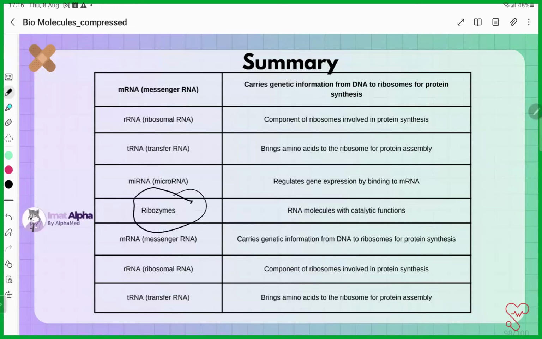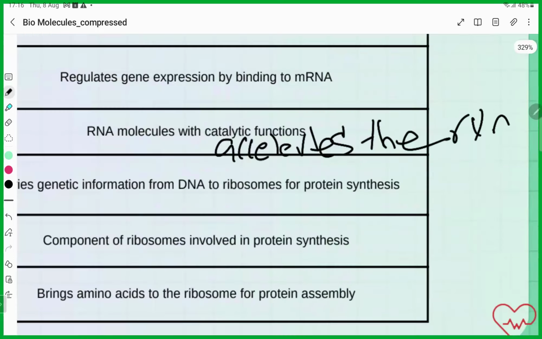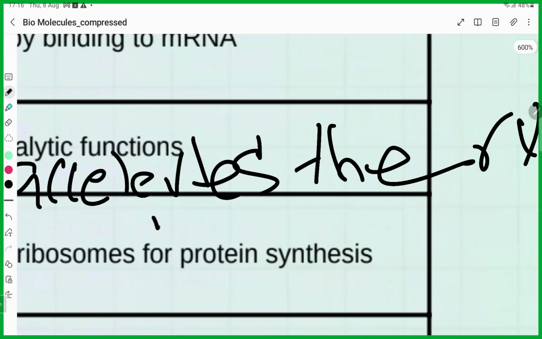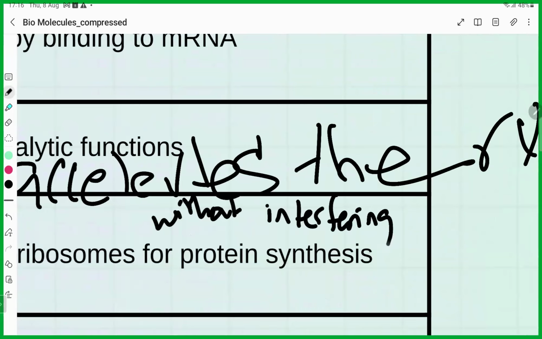Ribozymes are RNA molecules with catalytic functions. What does catalyst mean? Catalyst means a kind of molecule that accelerates the reaction without interfering in the reaction or changing the product.